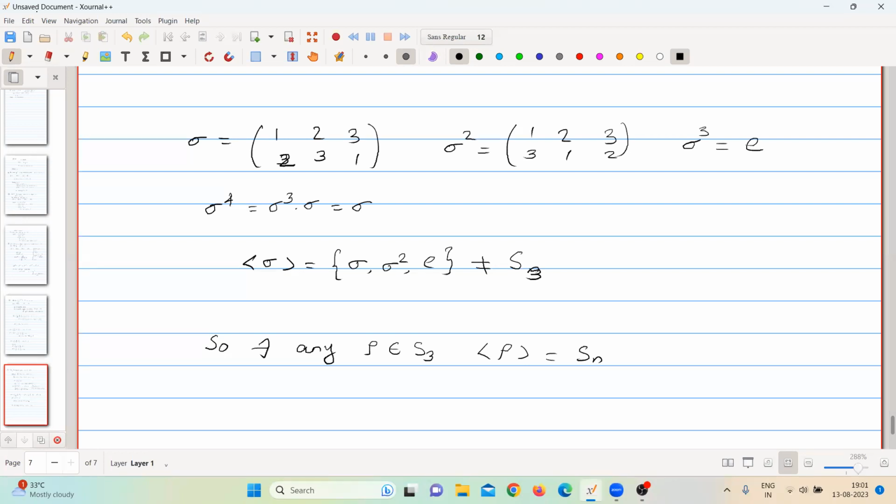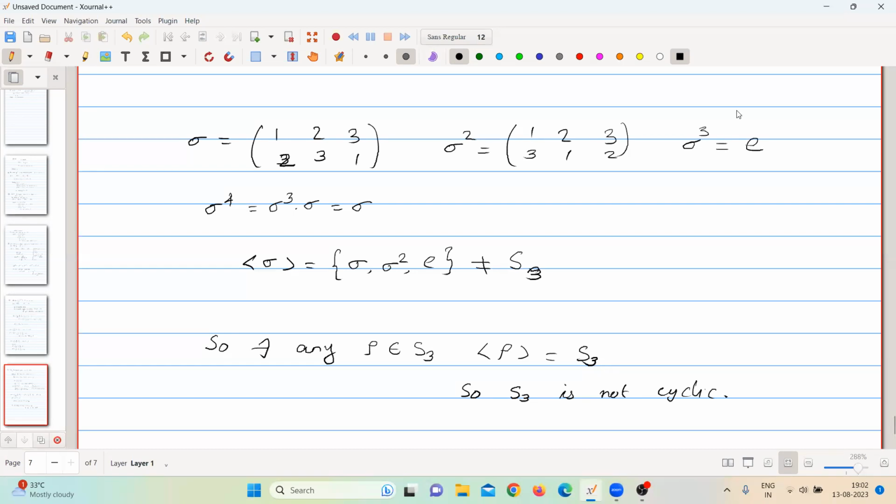We can go through all the elements in S3 and see whether each generates S3 or not. So S3 is not cyclic.